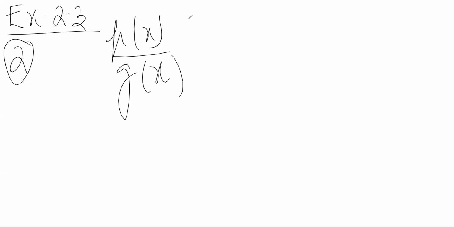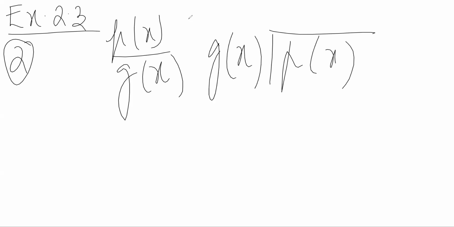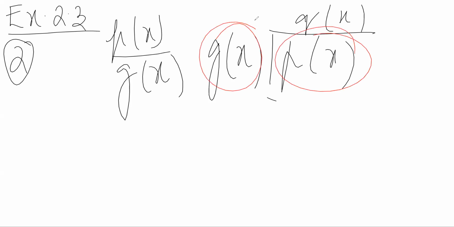When you divide p of x with g of x, you get a quotient, that is q of x. In the question, what they're asking is whether g of x is a factor of p of x.